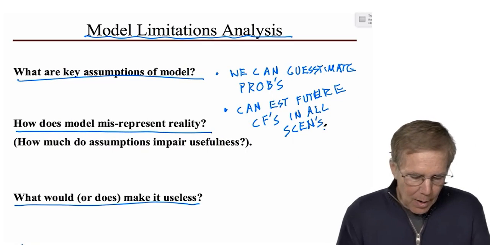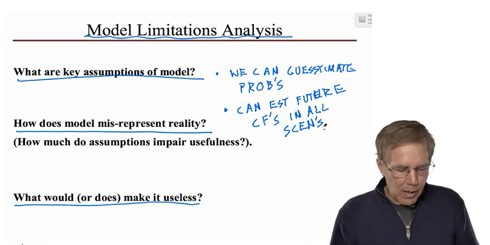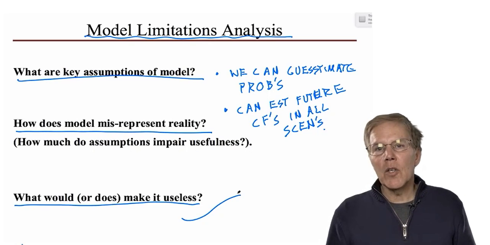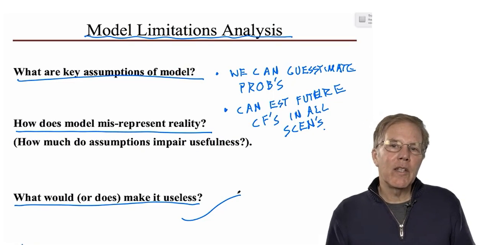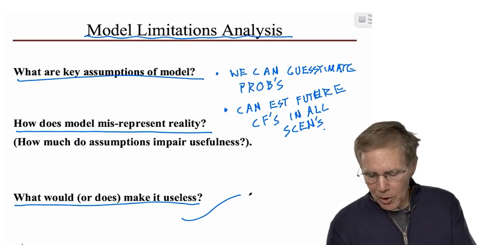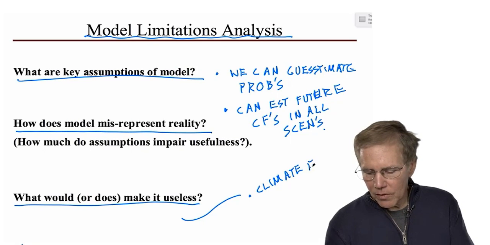Okay, so let's just look at this one to finish up. What would make this model useless? Well, we did think about a localized market crash, but what about a climate event? We didn't consider anything like this.